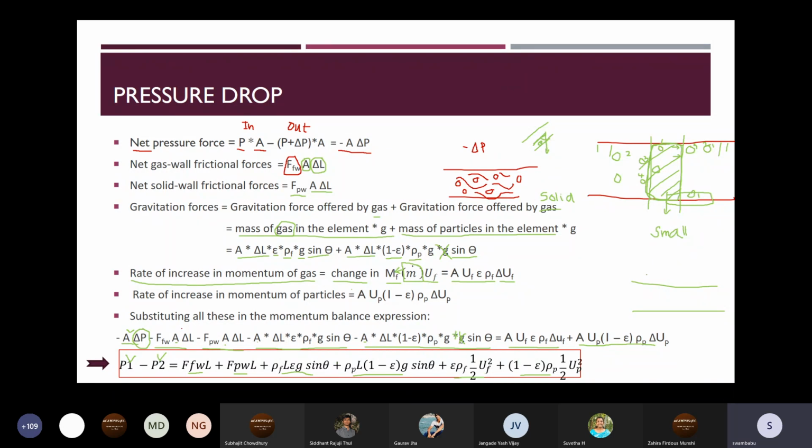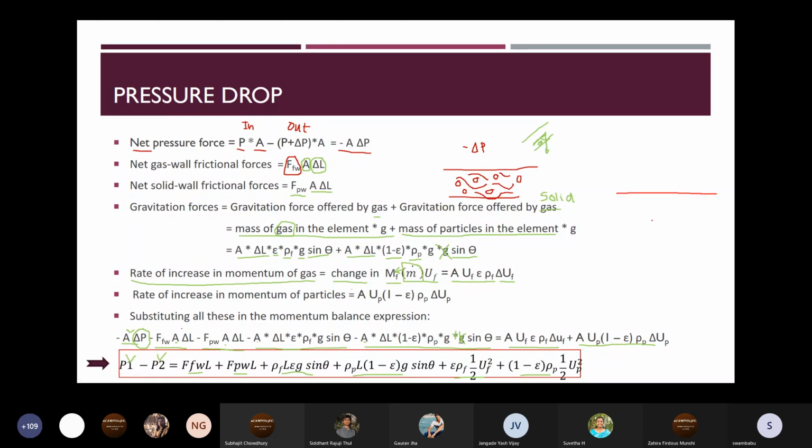And let's say we take two cases. There is one pipe. I'm giving two simple cases.